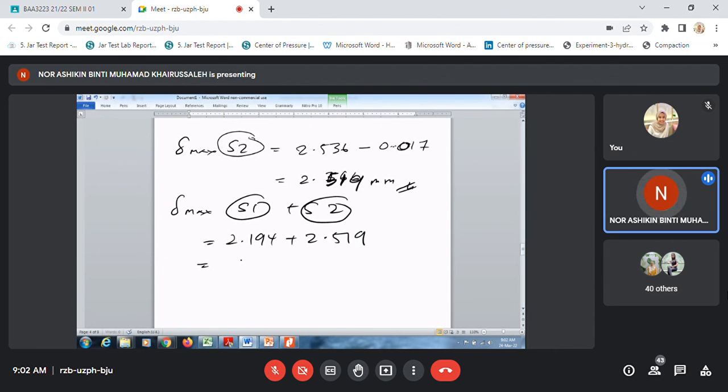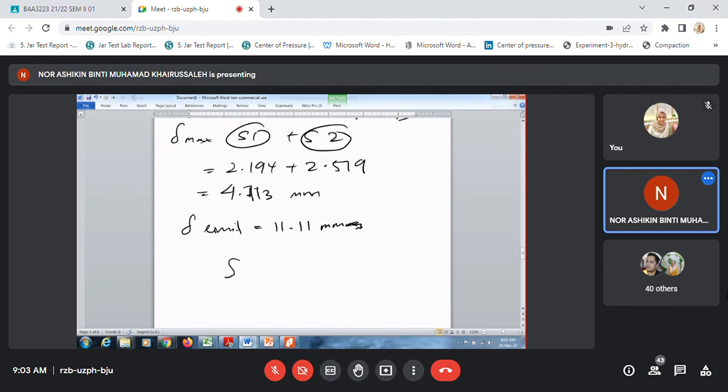So how much you got? 4.713. 4.713 millimeter. Okay, check with the limit. Limit is 11.11 millimeter. Okay, so limit is bigger than deflection. So it's okay.